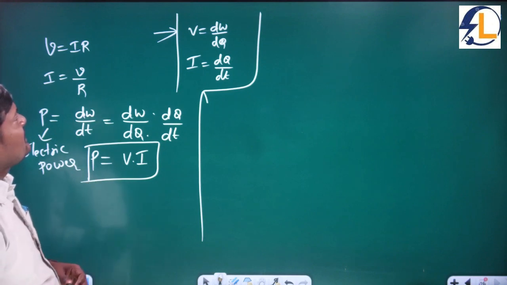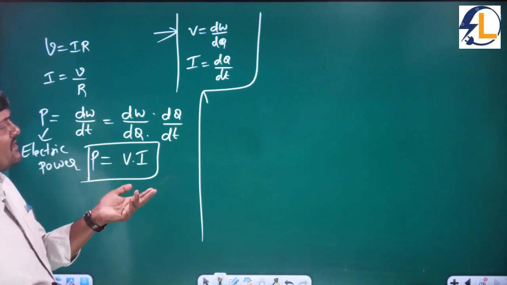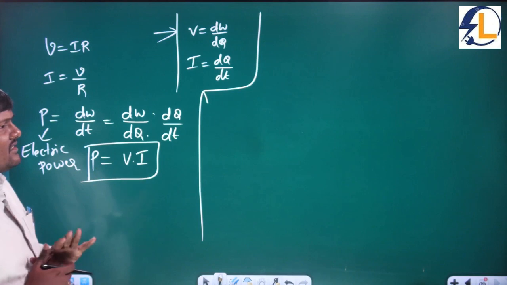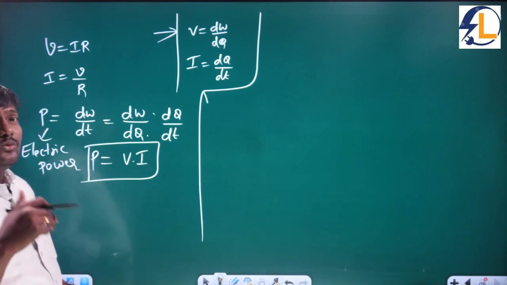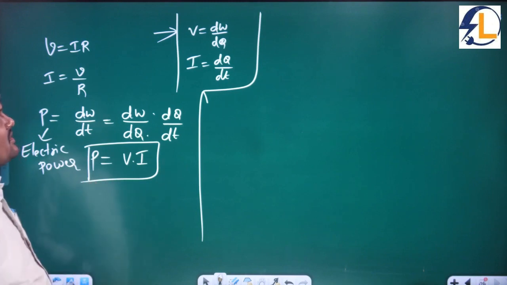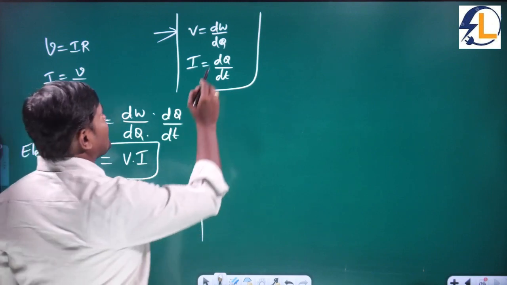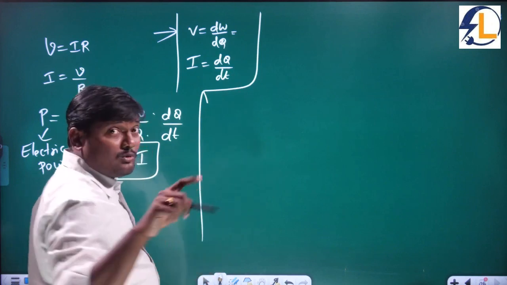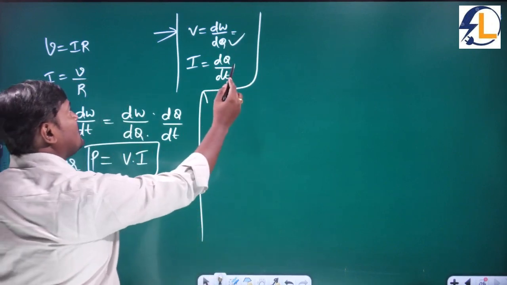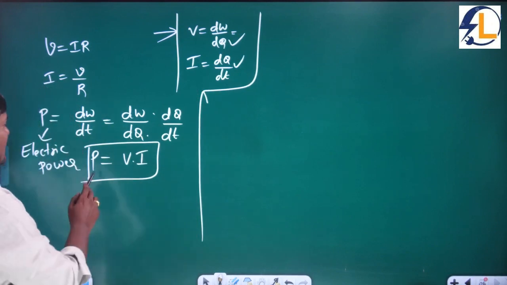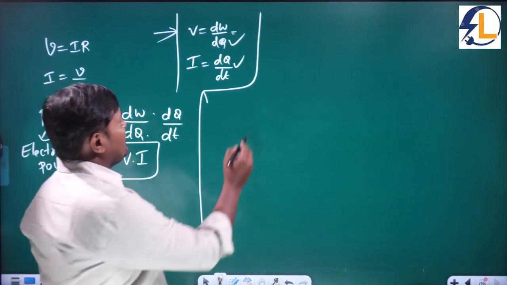So electric potential is not the rate at which work is done. The ability of a charged body to do the work is called the electric potential. It is not dW by dt, it is dW by dQ, where I is equal to dQ by dt, and the electric power is equal to V into I. What is the power?